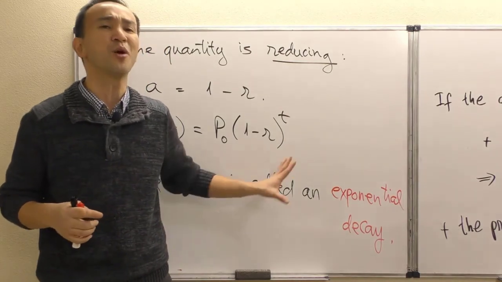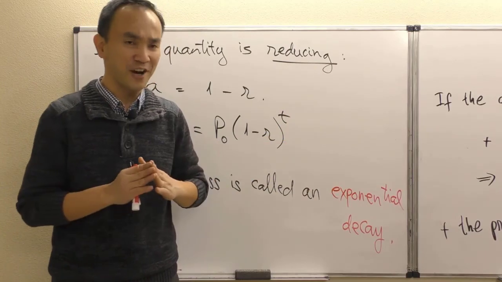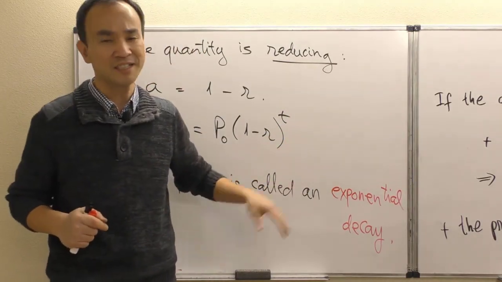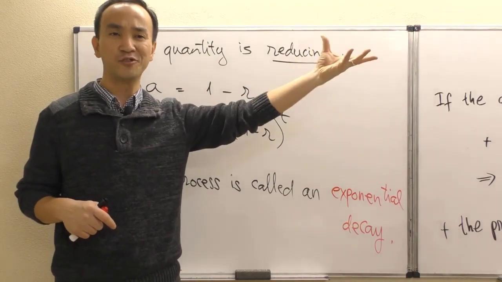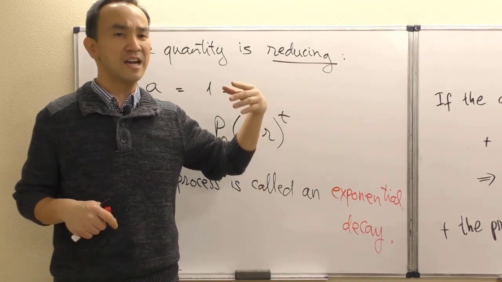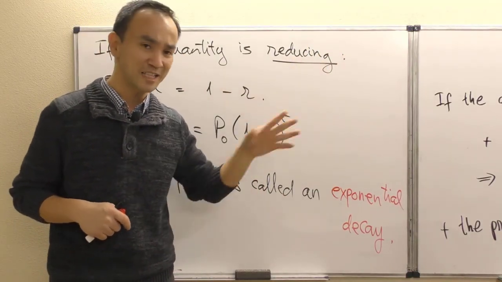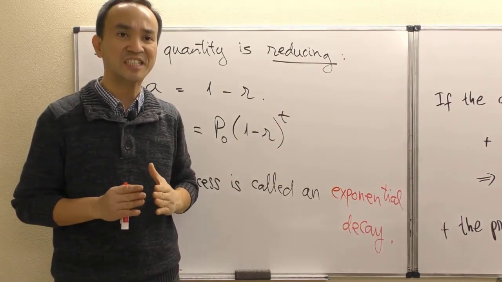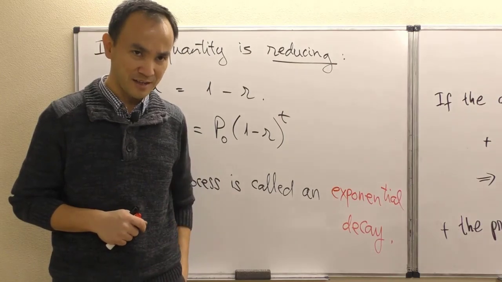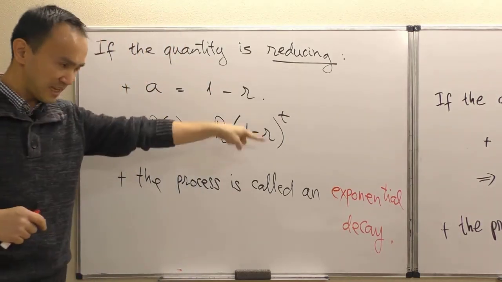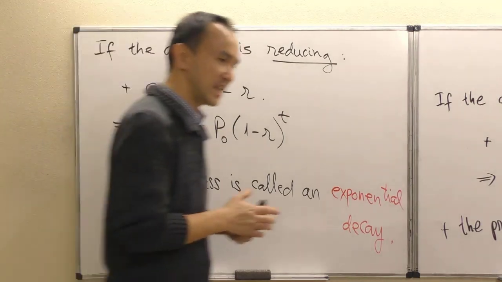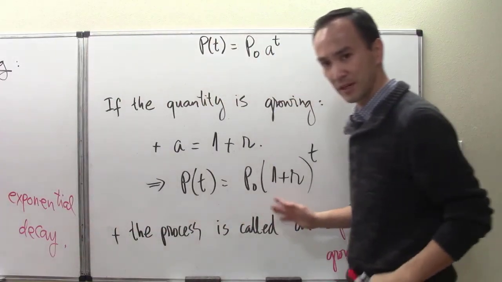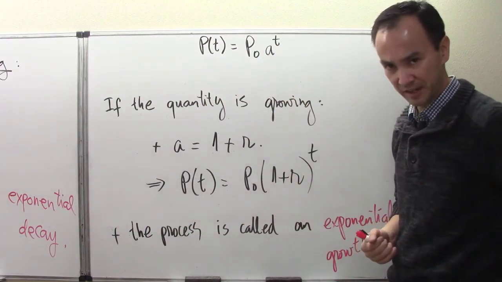I just want to clarify for any one of you, because long before you entered this lesson, you must have heard people in your daily life talking about an exponential growth here, an exponential decay there. This is now where you understand exactly what that is. So there you go: exponential growth and exponential decay.